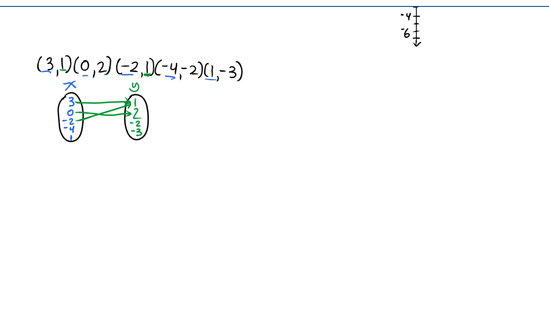Alright, and then -4 goes to -2, and 1 goes to -3. So this brings up the point, if you have a repeating x or a repeating y, like we saw here, just write it once, and then we'll have 2 arrows going to that. Or we would have multiple arrows coming out of our x's.